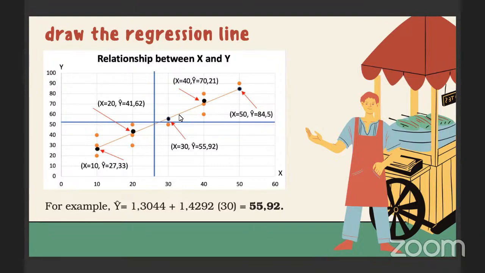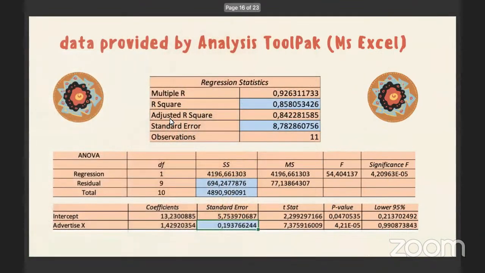It is plotted with the black circle. Okay, so next, here is the data provided by the Analysis ToolPak. It provides all the regression data from my study case. In the first table, it is the regression statistics.